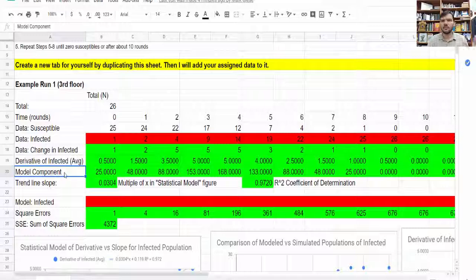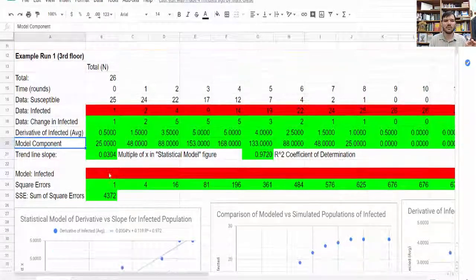Then we have the model component, and that relates to the models you're given or deriving. I gave you several examples to look at for models, and then computing the value of the slope functions here, you can compare the derivative to those values and see if there is a nice consistent slope.